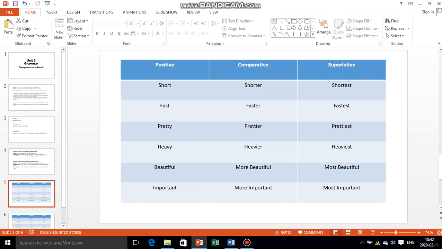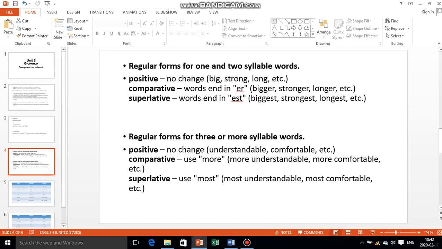Next one is fast. Fast, faster. You add er in comparative. In superlative, you add est: fastest. Next, these are the regular forms for 3 or 4 syllables. There is a different rule for words with 3 or 4 syllables.